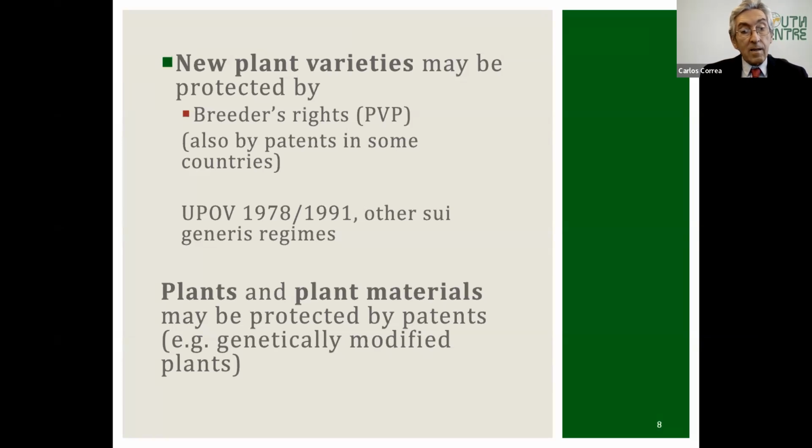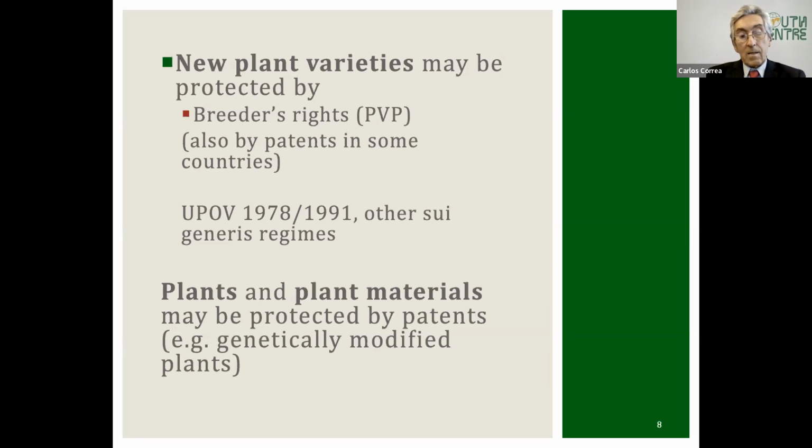Then plants and plant materials may be protected by patents. So I do say it may be protected because countries may also exclude plants and plant materials from the protection by patents, but as we will see, this is not the case in many countries, including in developing countries. For instance, a genetically modified plant is the subject of patent protection in many jurisdictions.